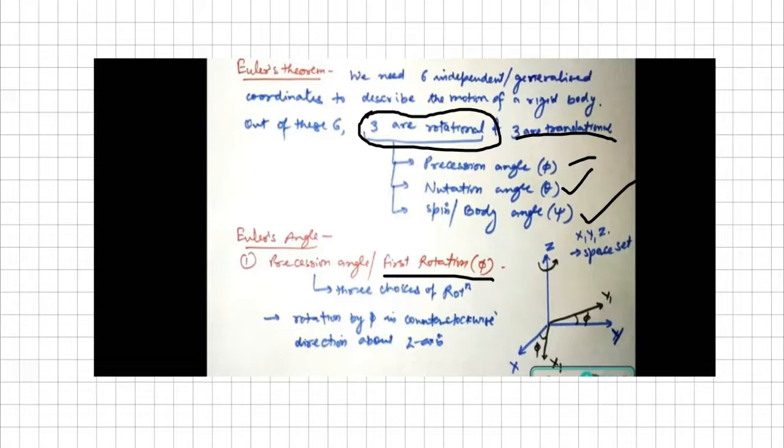So initially we have the space axis, x axis, y axis and z axis. Now you rotate about the z-axis. That means in the anti-clockwise direction, all the rotations are anti-clockwise.